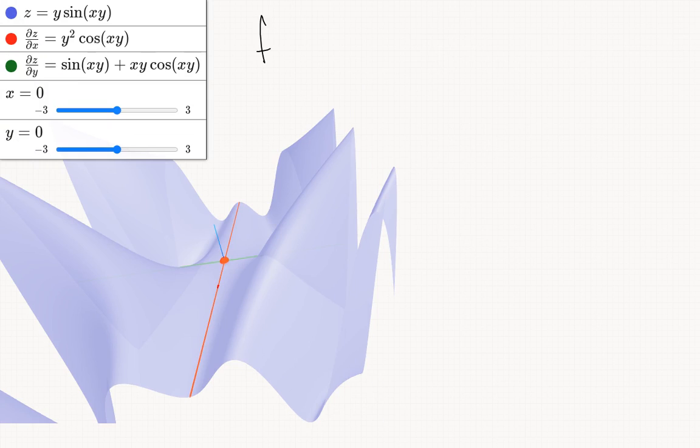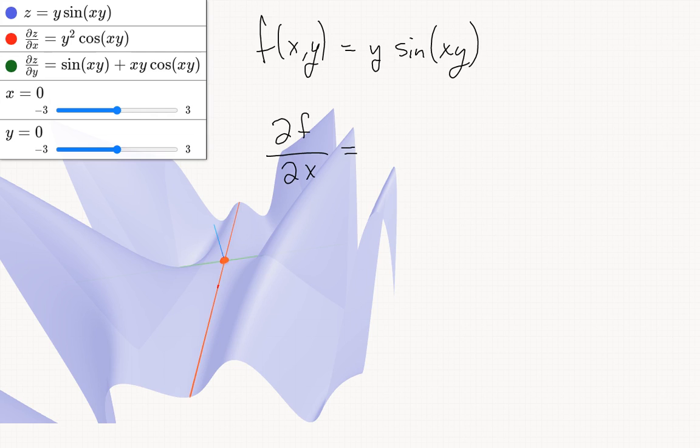Here's another example. f of x,y equals y sine of xy. Now del f by del x, so we've got a y inside the sine, so by the chain rule, we'll pull the y out, we get y squared cos xy.